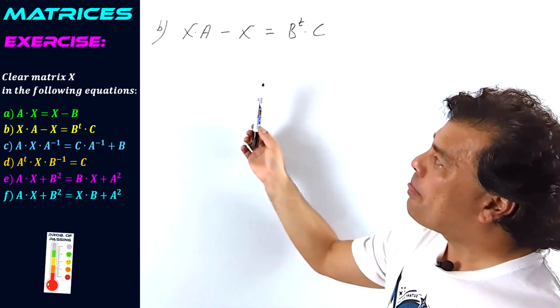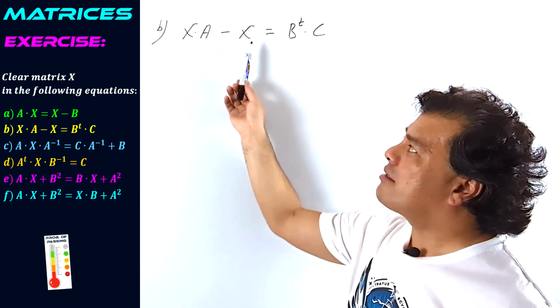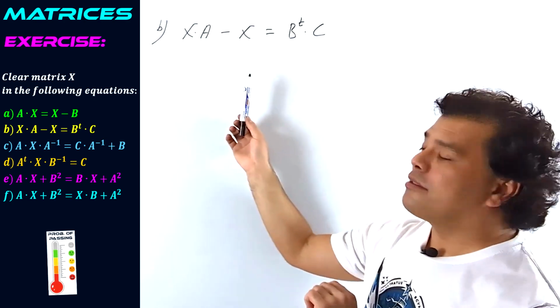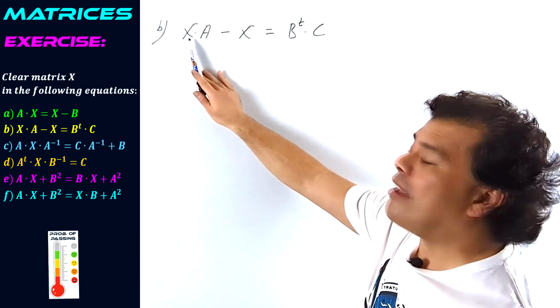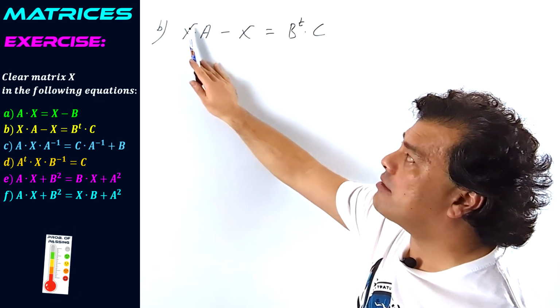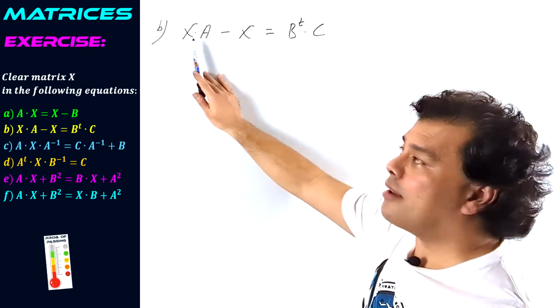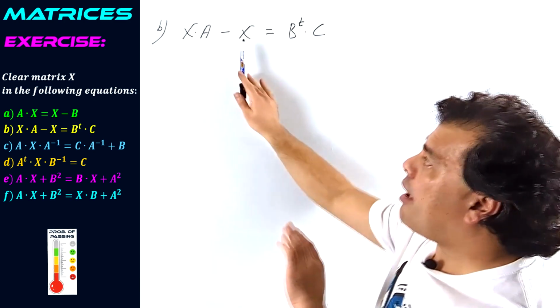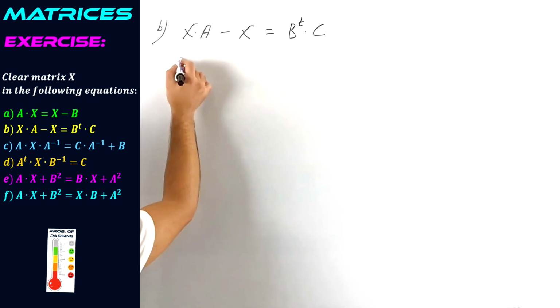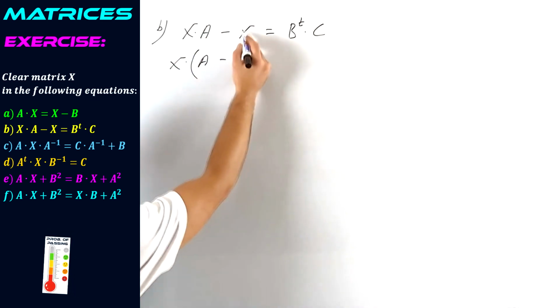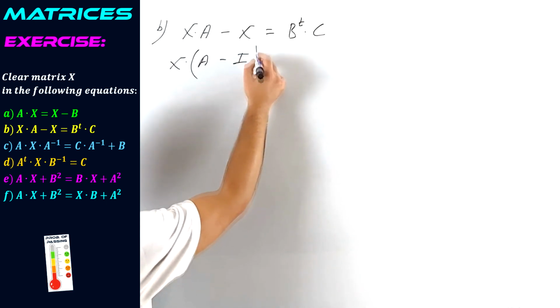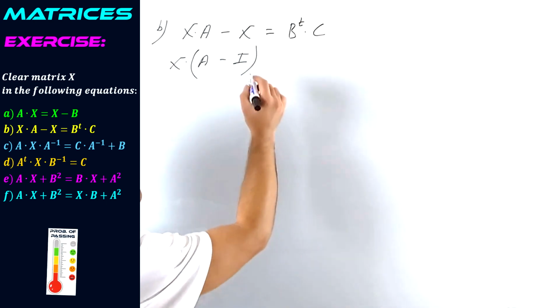Look at it. We can see that matrix x is at the left side, so we can take its common factor to the left, as in this term, matrix x is at the left. And we have x multiplying A minus the identity matrix again, don't forget it, please.